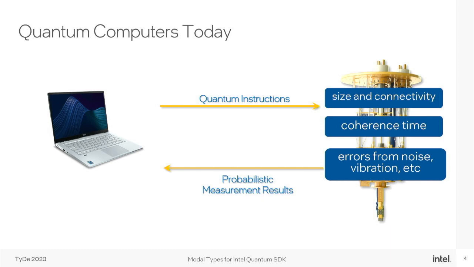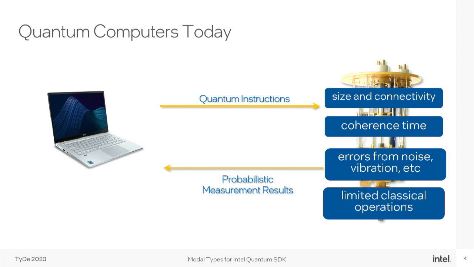So quantum computers also operate at near absolute zero temperatures. And as a result, they have very limited access to classical operations. So most of the classical parts of an algorithm have to be performed on a classical computer that is in a place that is maybe relatively close, but is not actually on the quantum device.